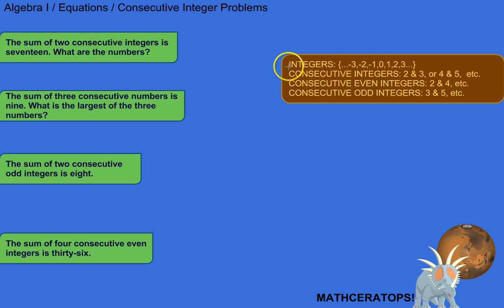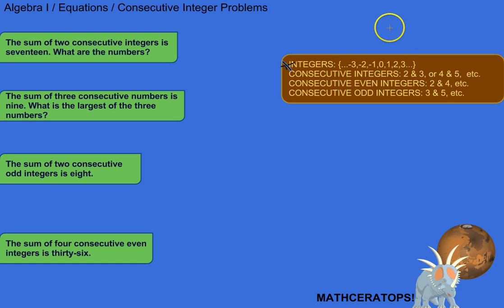What's an integer? The integers are the whole numbers, the counting numbers 1, 2, 3, 4, 5, yada yada yada, and then 0, and then the opposites of the counting numbers, like -1, -2, -3. Okay, so those are integers. Consecutive integers are integers that are next to each other.